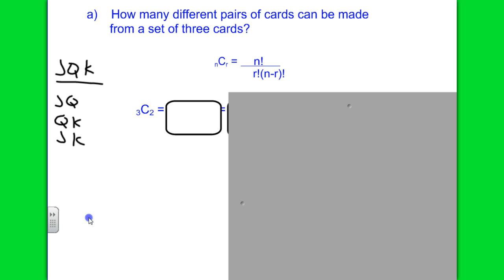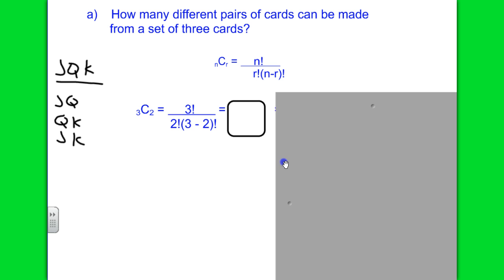So now we simply use what we know from the formula, and we have 3 factorial over 2 factorial times 3 minus 2 factorial. Before we expand it, I think I'm reducing the denominator. What is 3 minus 2?